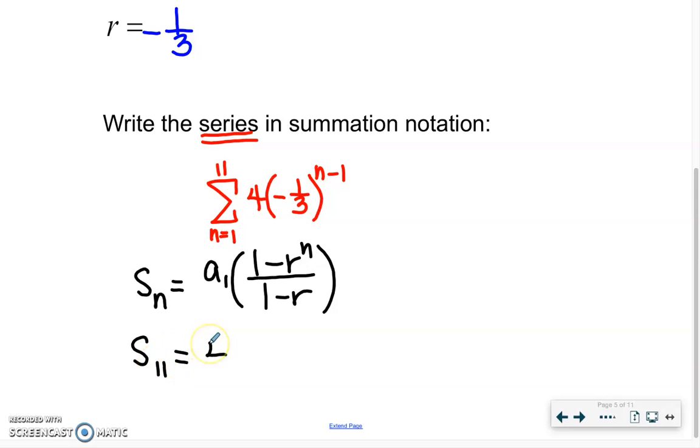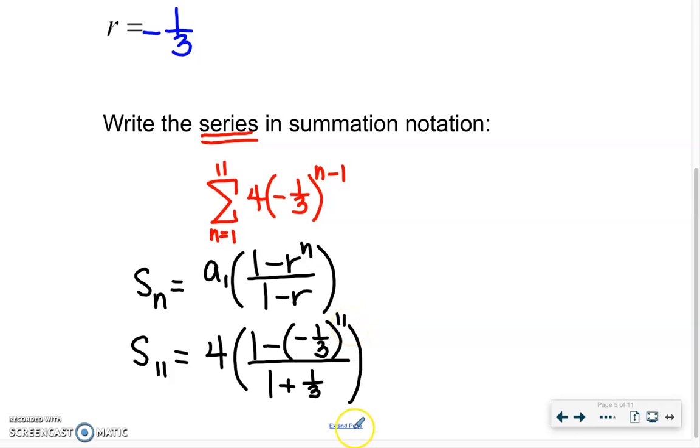A1 is 4, the first term. r is negative 1/3. n is 11. And then we're doing 1 minus r, which would become a plus because r is negative. So that would be our setup, okay?